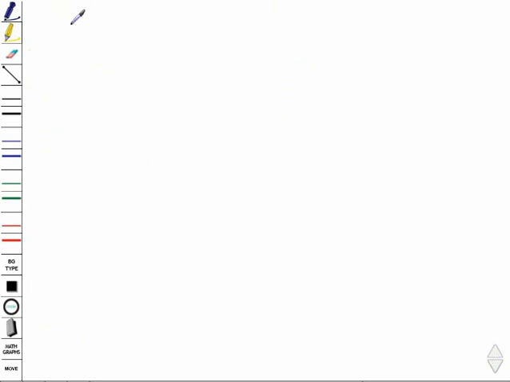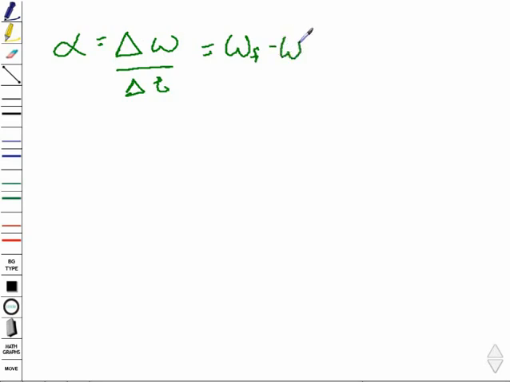To figure out our angular acceleration, or alpha, we have our change in angular velocity over our change in time. Now this symbol is delta, and that stands for the change in, which can be written as the final angular velocity minus the initial angular velocity over the change in time, meaning from the start to the stop.